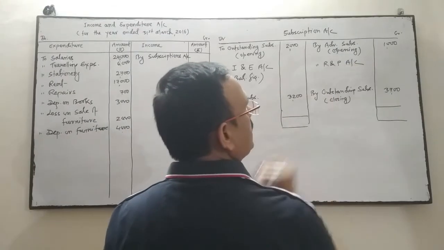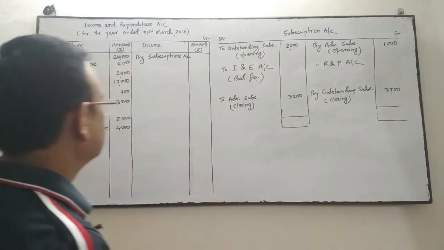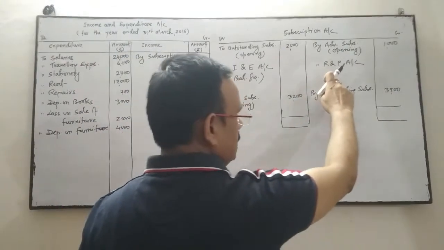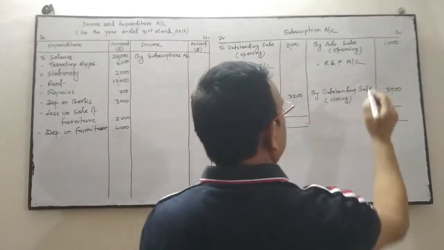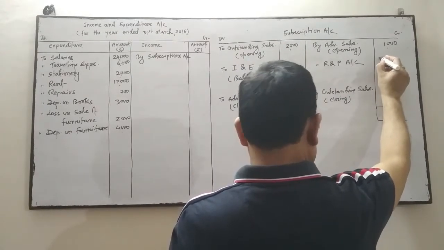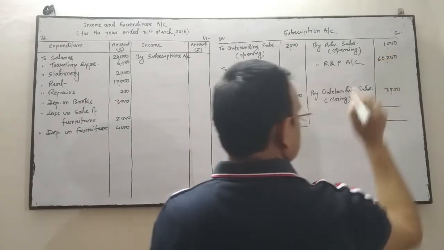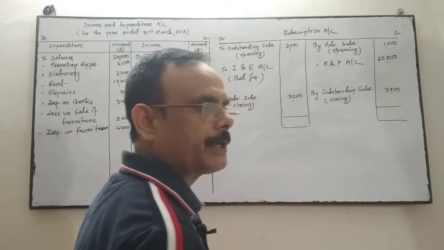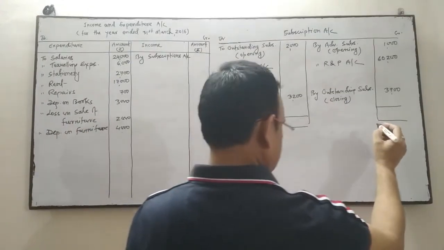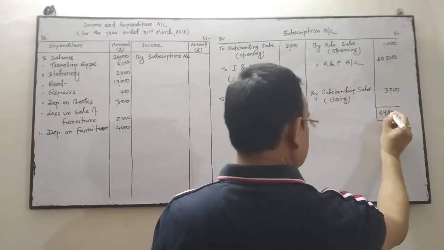Subscription received during the year, it is given in the receipt and payment account in the receipt side, debit side. Subscription received during the year is 60,200. Now we'll do the total. This total is 64,900.